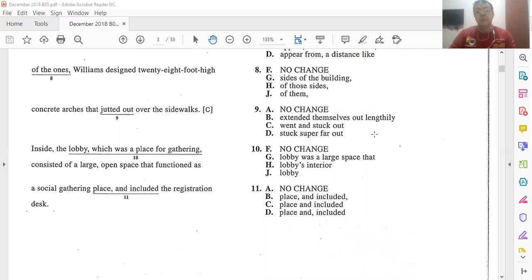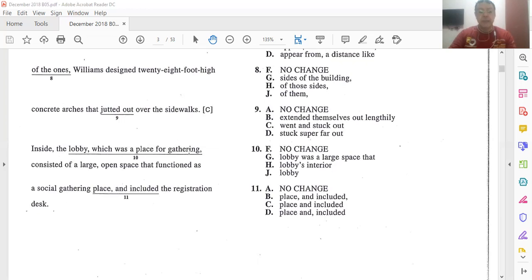Went and stuck out, same meaning. Stuck super far out. All these have more or less the same meaning, but "jutted out" does the job beautifully, and it's shorter. So it's shorter and it's correct. So we should choose it. So 9A, no change is the best answer.